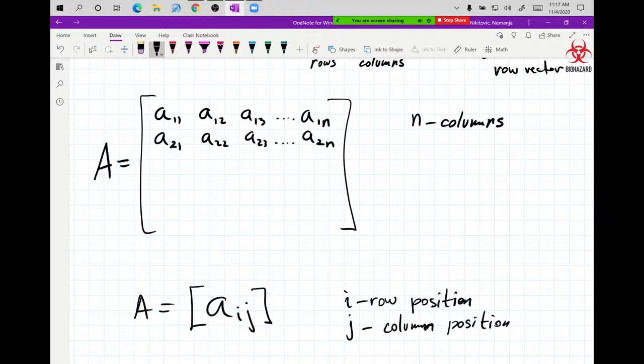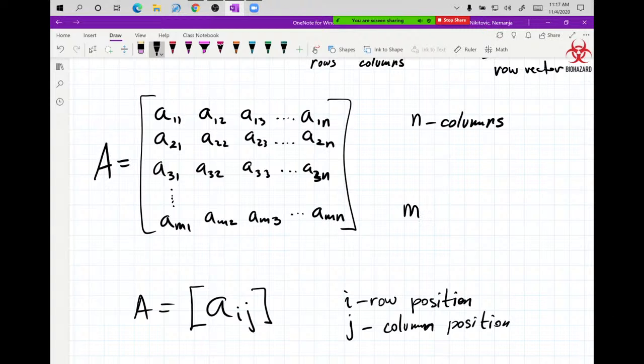Then you go to the third row, and then I'm just going to say like this all the way down to the M row, AMN, for the M rows, right? So M rows.